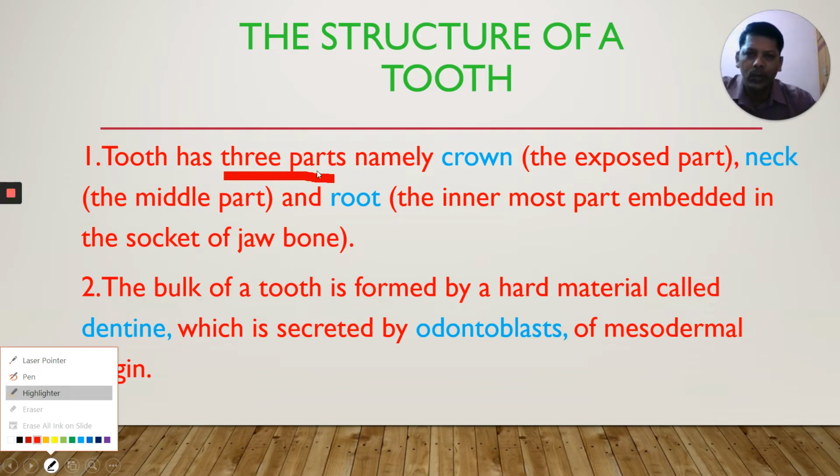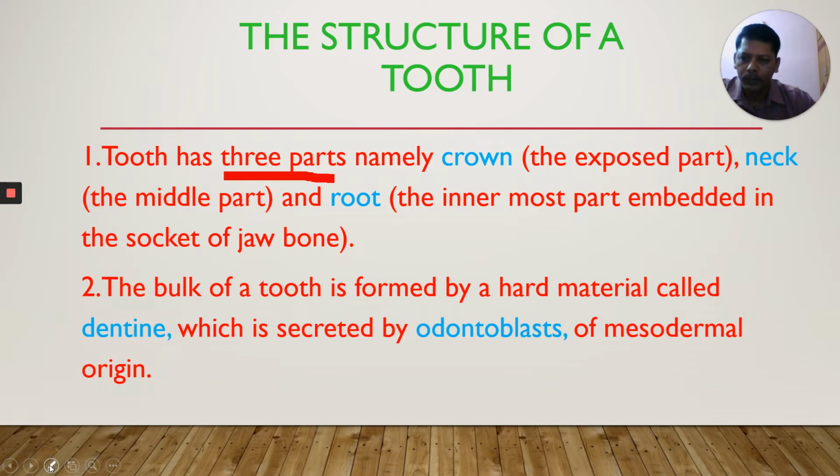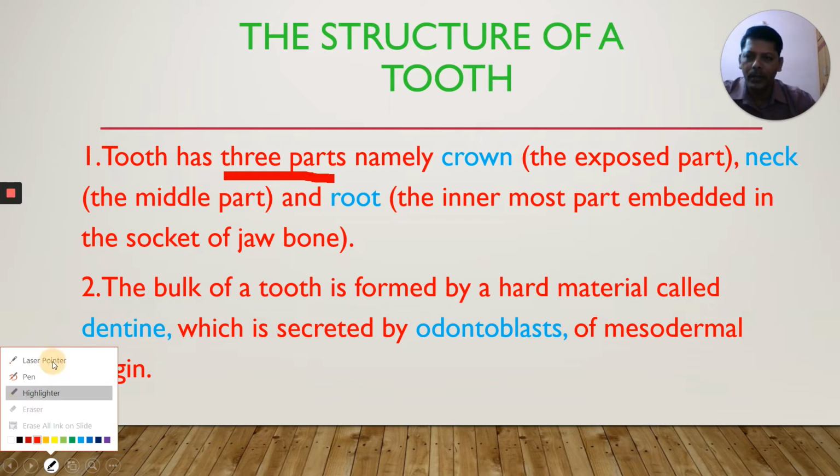A tooth has three basic parts: one is the crown, another is the neck, and another is the root.